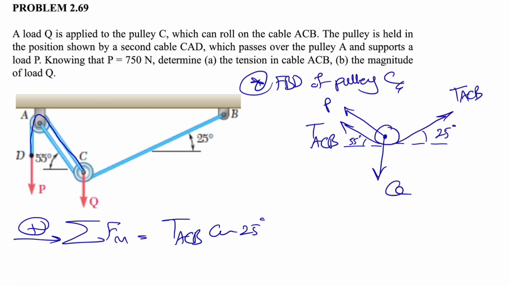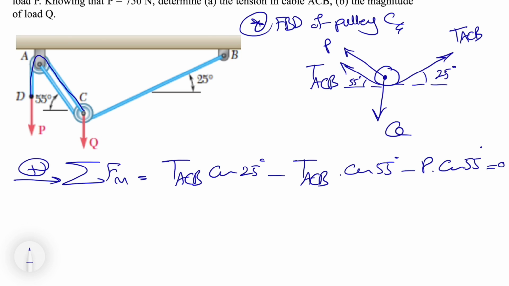Let's start with the sum of all forces in the x direction. We have T_ACB cosine of 25 degrees on the right side of the pulley, and we have T_ACB, which is negative this time, cosine of 55 degrees, and we'll also have minus P times cosine of 55 degrees equals 0.